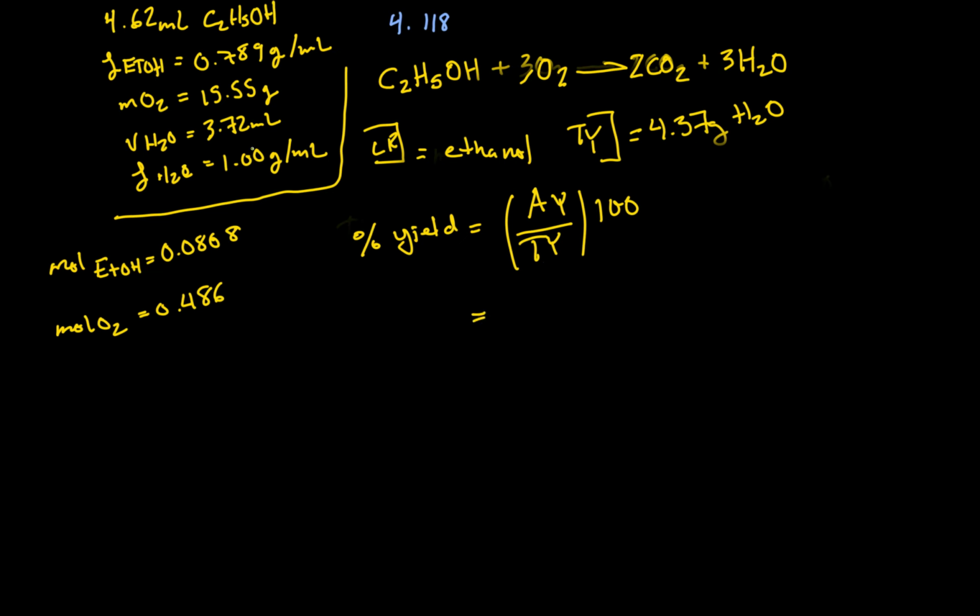This is 1 gram per milliliter, so I'm just going to write this in grams directly. We got 3.72 grams. Theoretical was 4.37. Multiply this by 100, and that gives us a percent yield of 85.1%. And that is everything we needed.